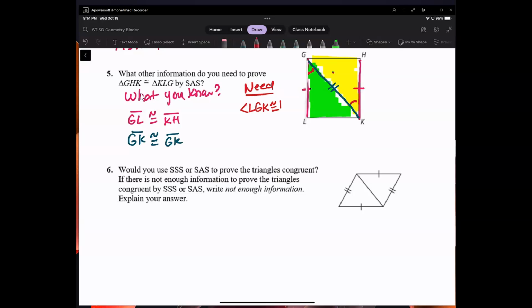L corresponds with H. Angle H. L corresponds with H. K. L corresponds with H. G corresponds with K. So it's going to be H, K, G. So it's going to be angle L, G, H has to be congruent to angle H, K, G.